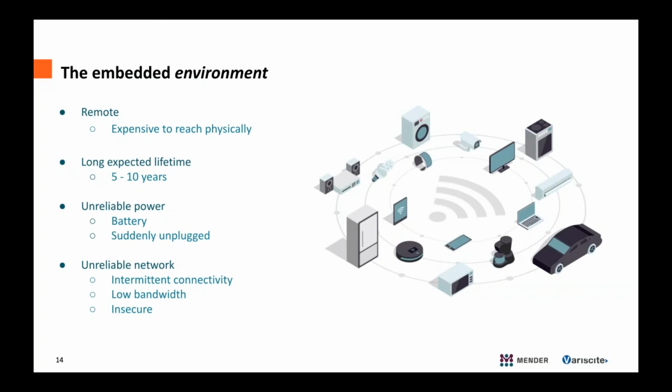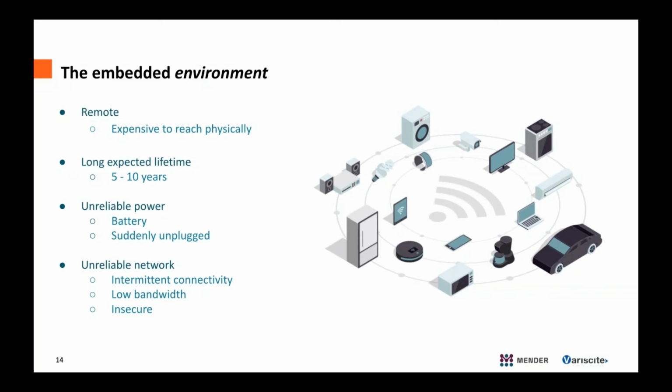Compared to, say, the mobile handset space, most of these embedded devices tend to last a lot longer than your typical handset. They may be in unreliable or hostile environments in terms of either power or network. If you're building a consumer device, you basically have no control over when the end user is going to pull the power out of the wall or when the battery is going to be completely drained.